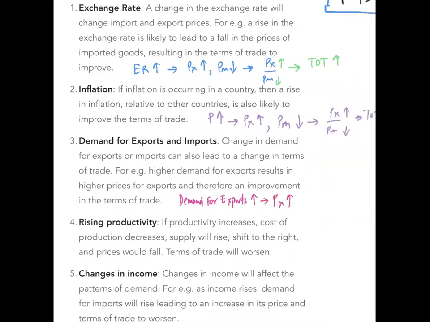Price of exports goes up, what will happen to your terms of trade? Anyone can tell me? Exactly. Terms of trade should go up. TOT should go up. Why? Because PX over PM, if PX is going up, PM is constant, TOT should go up. Great. That's exactly what will happen.